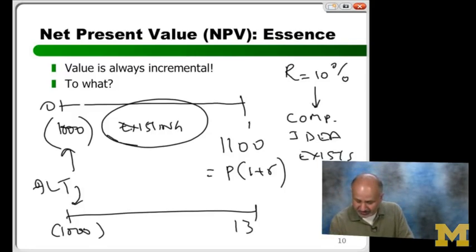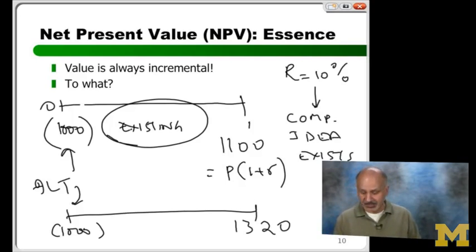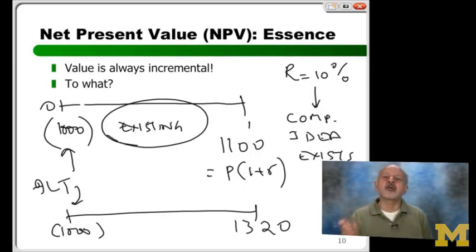Well, somehow you are so cool that you're able to generate 1,320 instead of 1,100. Why am I emphasizing this? The reason is value is not created in absolute amounts. This is extremely important. Value is always created in a relative amount.